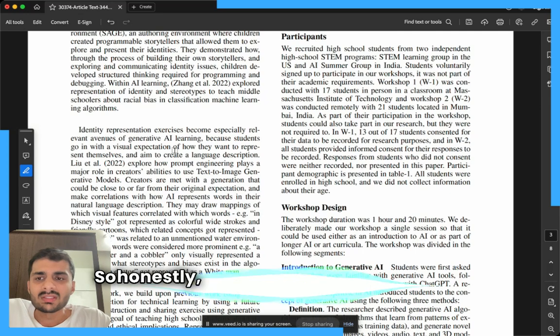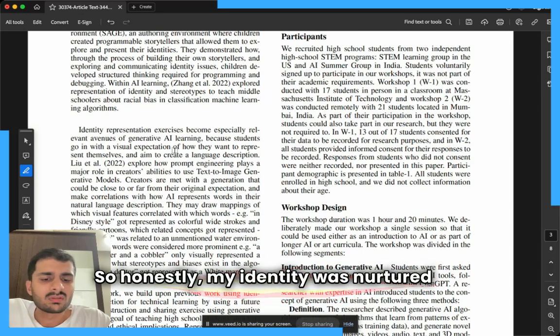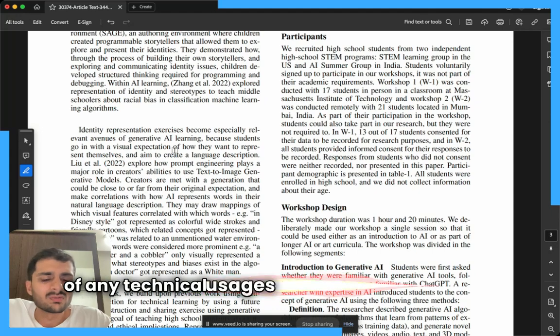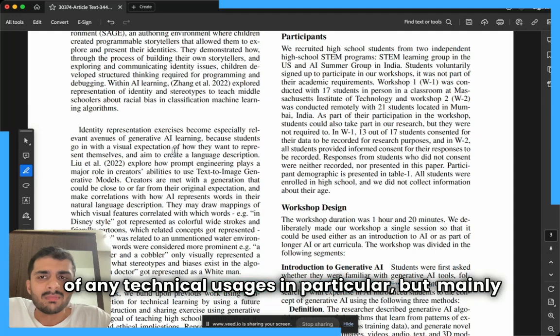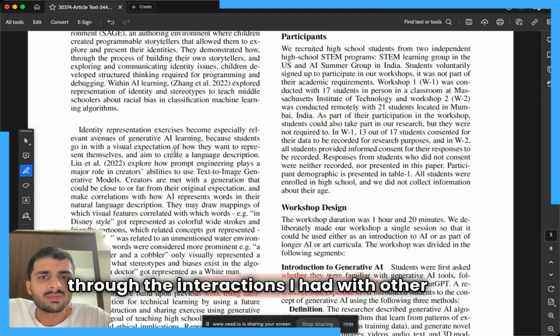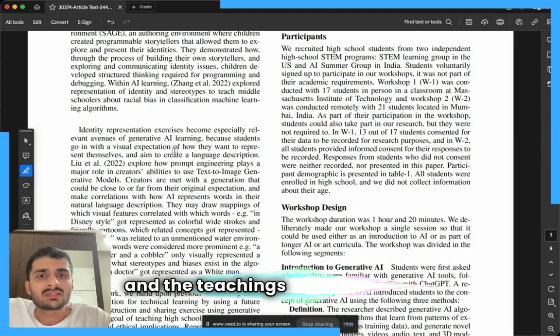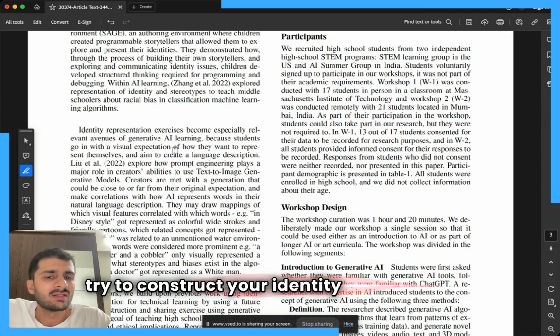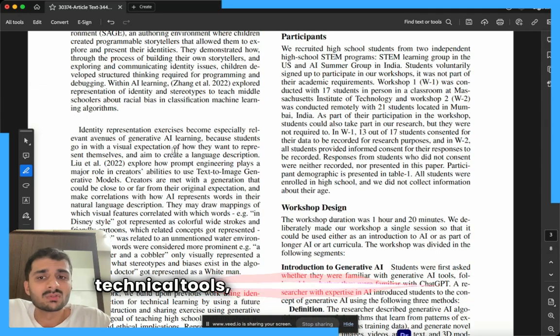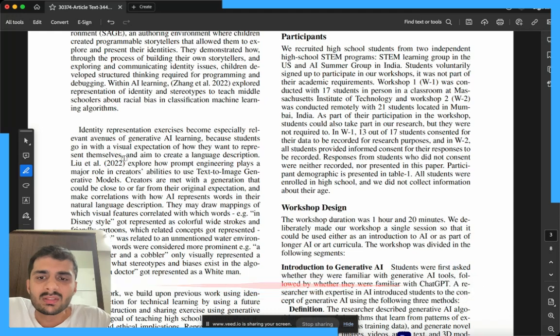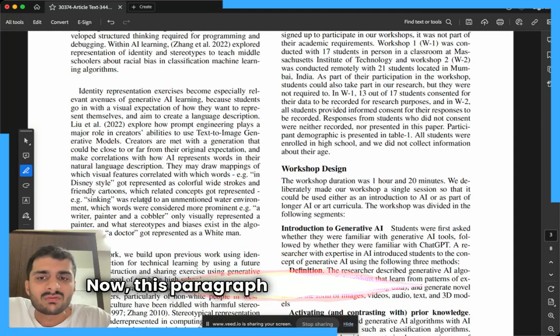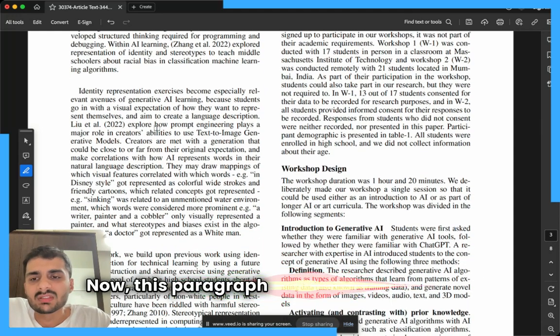So, honestly, my identity was nurtured not because of any technical usages in particular, but mainly through the interactions I had with other people and the teachings that I was given. But this is a new approach where you try to construct your identity by using some technical tools, which is quite interesting.